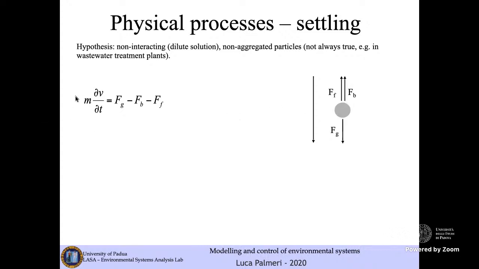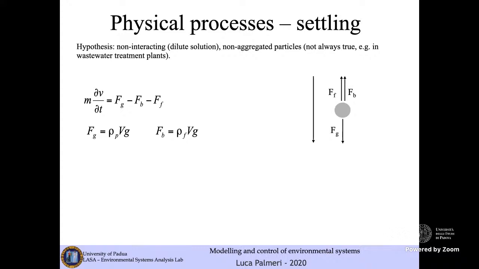So we start by writing the first law of Newton. So the force, mass times acceleration, is equal to the vectorial resultant of applied forces. Then we start by explicitating these forces. In particular, the gravitational force depends on the density of a particle, rho p, times the volume of a particle times the gravitational acceleration g.